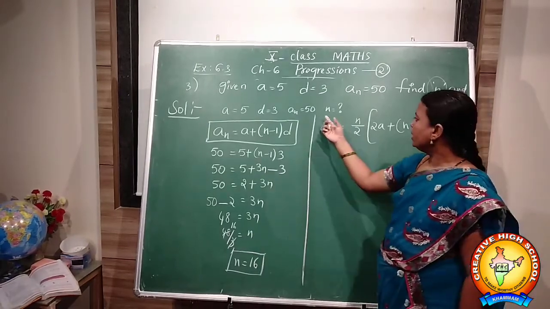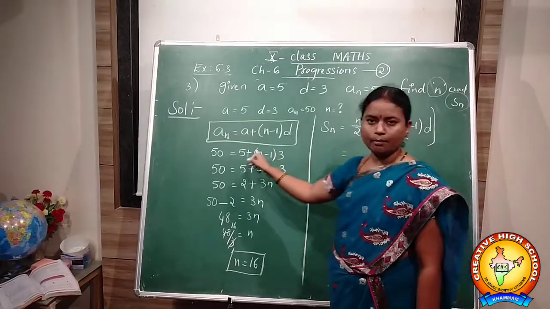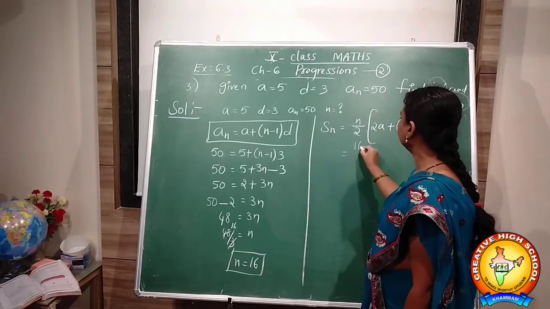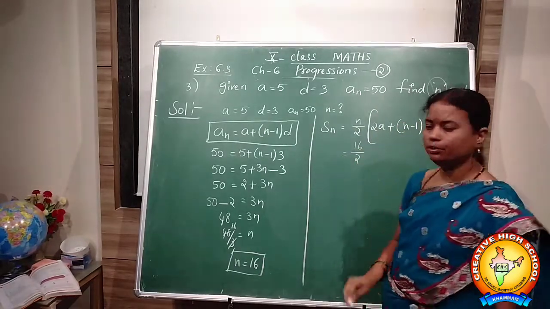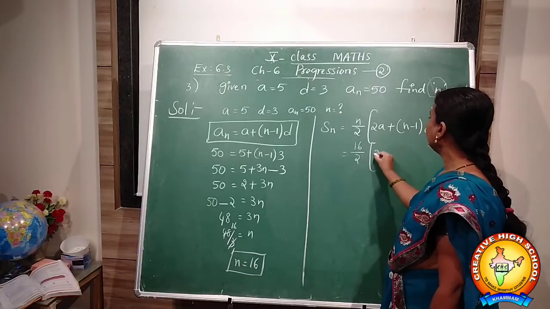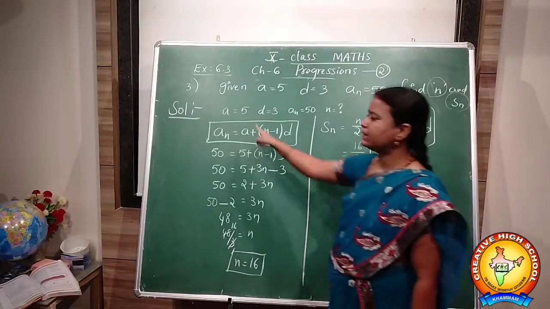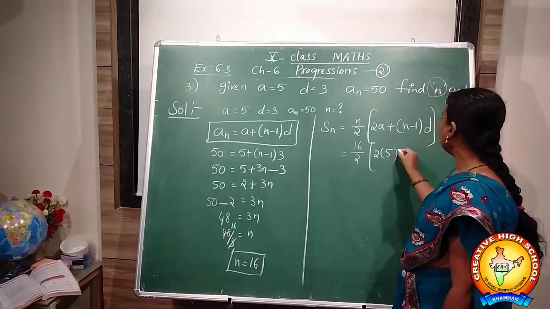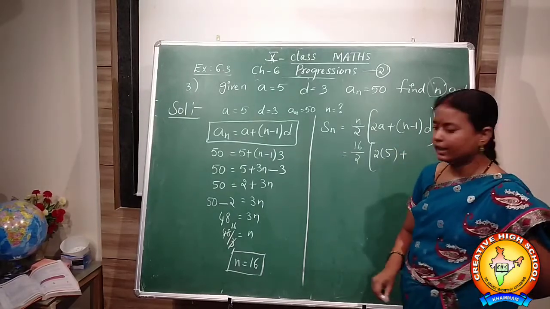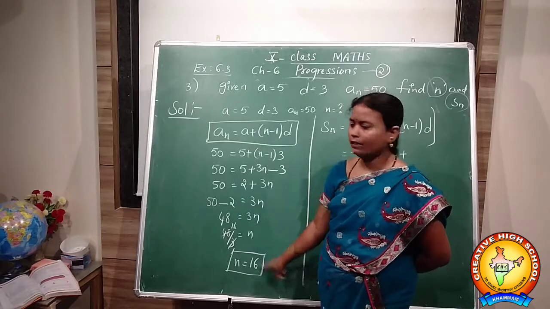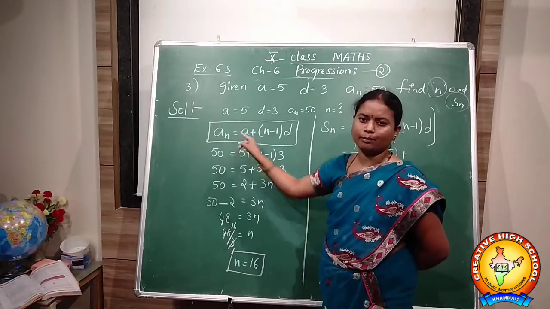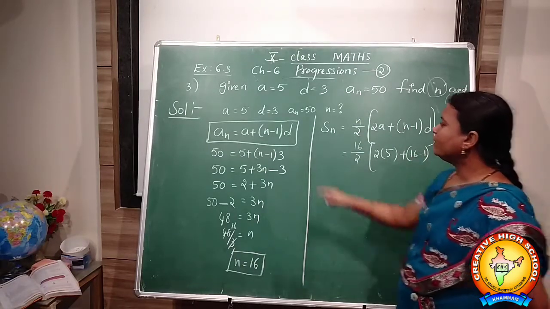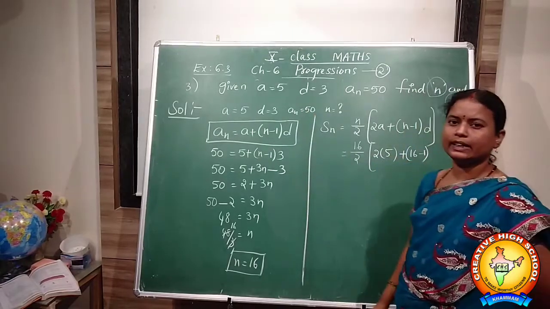Here n value we found by using an formula, that is 16. 16 by 2 into 2a, a value is 5, that is given in the question only, plus n minus 1 into d value. N value is 16, minus 1 into d value, d value is also given in the question, that is 3.